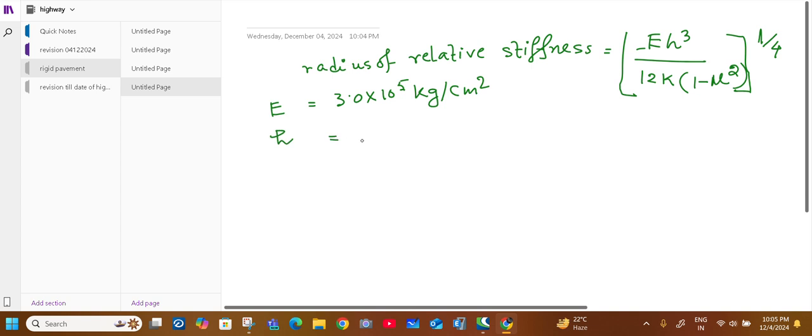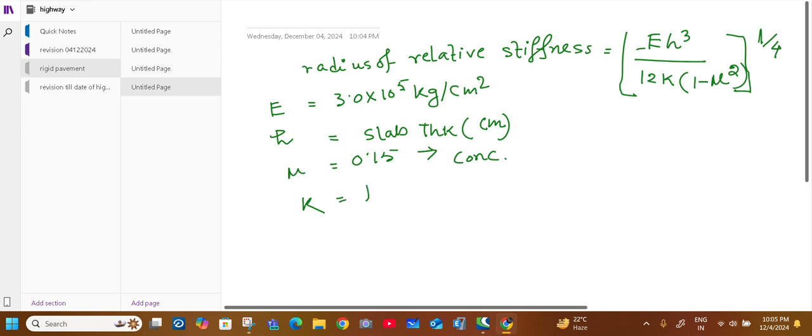H is slab thickness in centimeter. Mu is equal to 0.15 for concrete, and K is modulus of subgrade reaction.